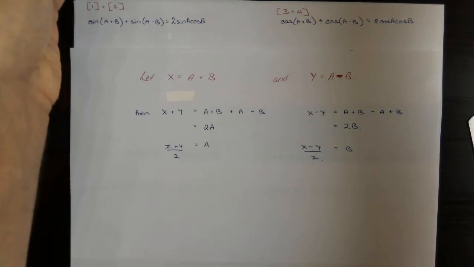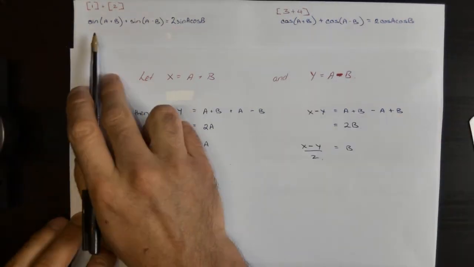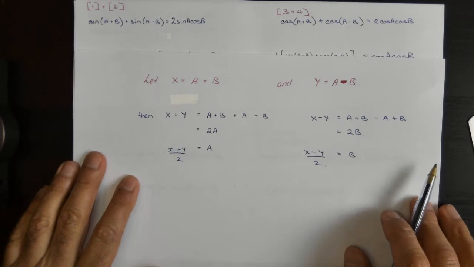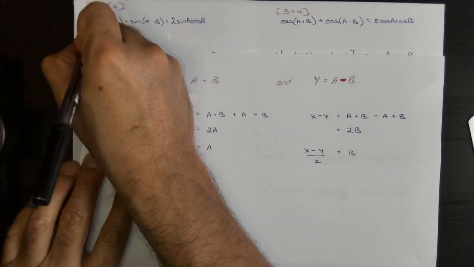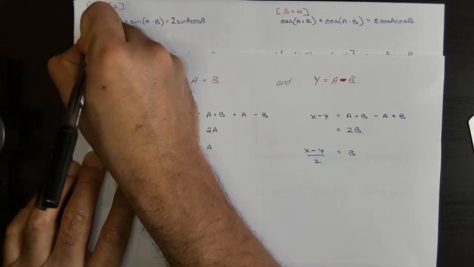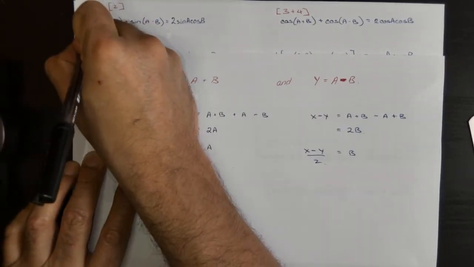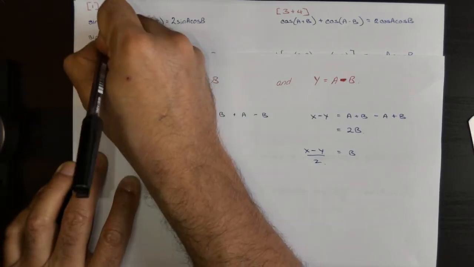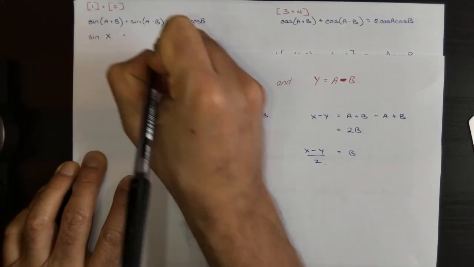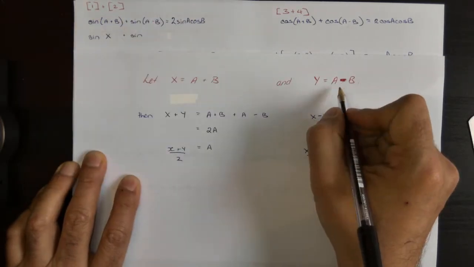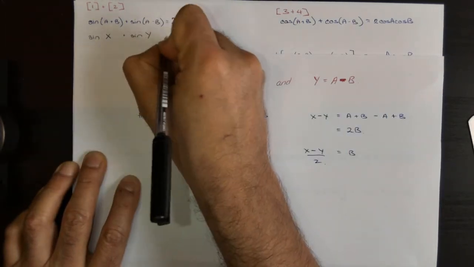Using this rule, the sine of a plus b is x, plus the sine of a minus b, which we'll call y.